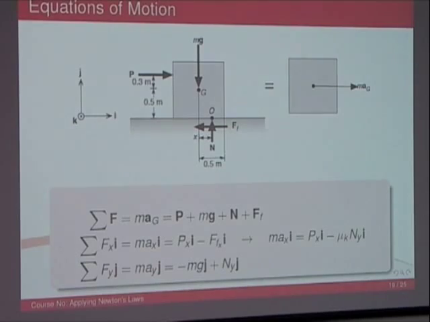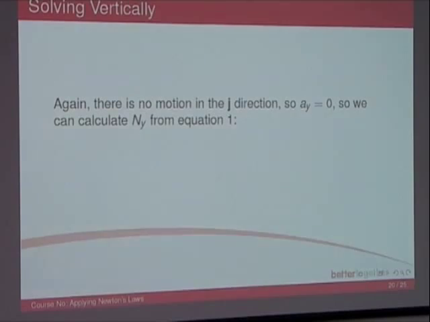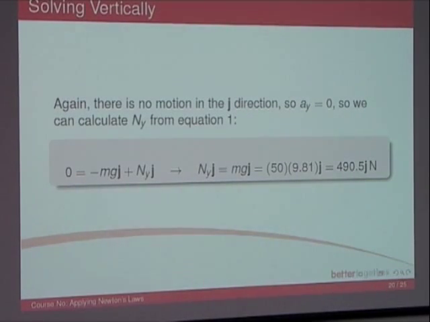This is obviously 0, it's not moving in the y direction, so we don't need to worry about its acceleration. We've got gravity and the normal reaction force. So looking just at the vertical direction, as I said, a_y is 0, so you can go and solve for the normal reaction force. That's just going to be mg, 490.5.